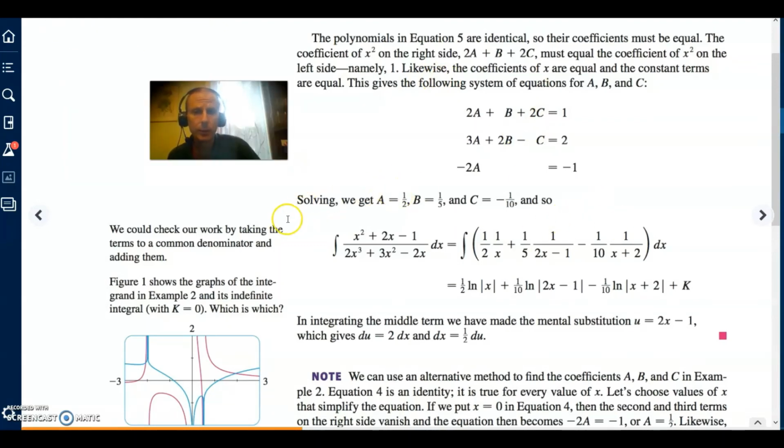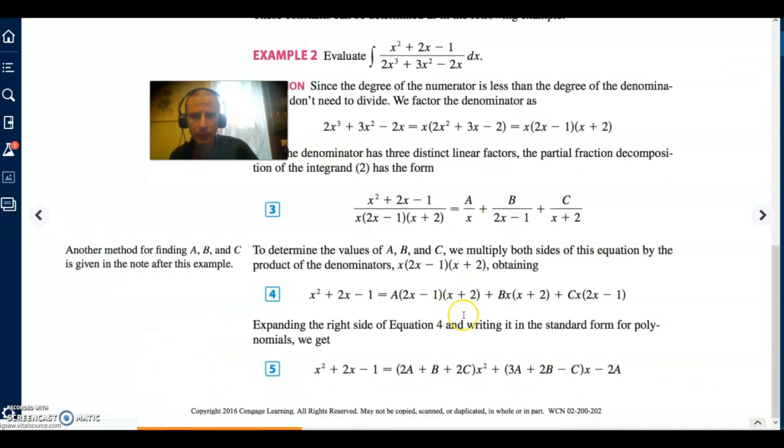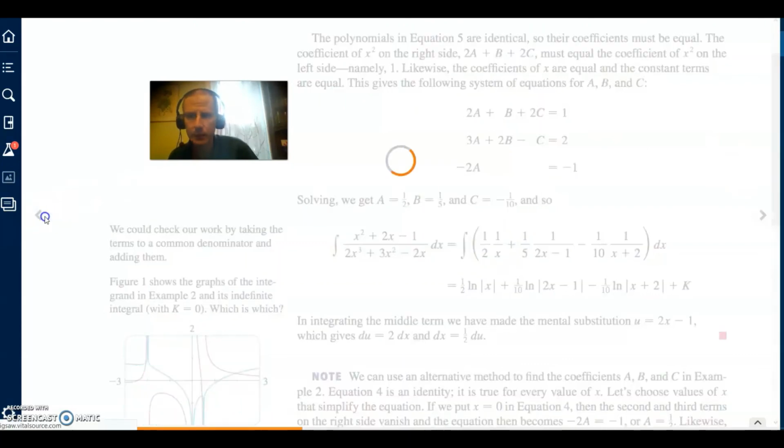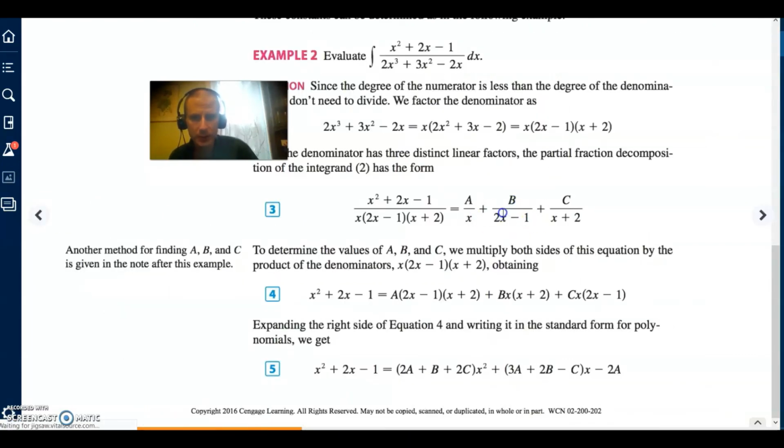So, going through this process, which the author doesn't bother showing you, which is kind of annoying, you eventually get that A is 1/2, B is 1/5, and C equals minus 1/10. So remembering that A was the coefficient of 1/x, we get the explicit part of the decomposition 1/2 times 1/x. B was the coefficient of 1/(2x minus 1).